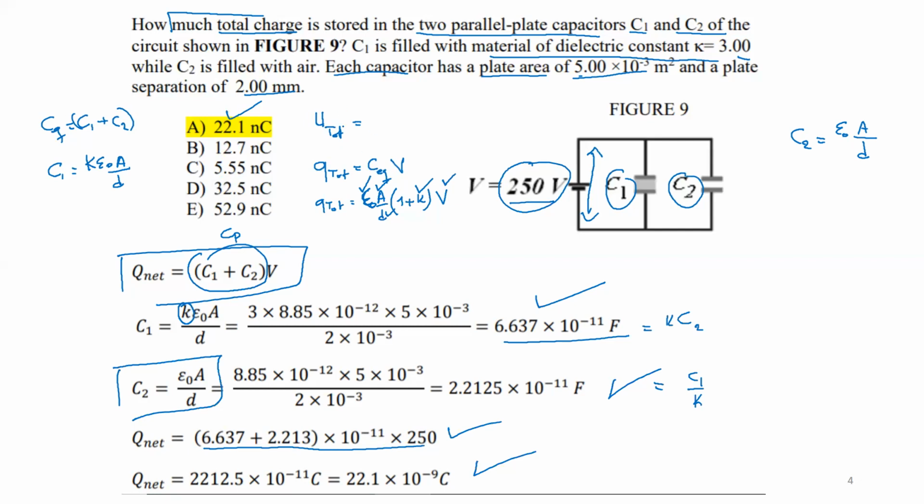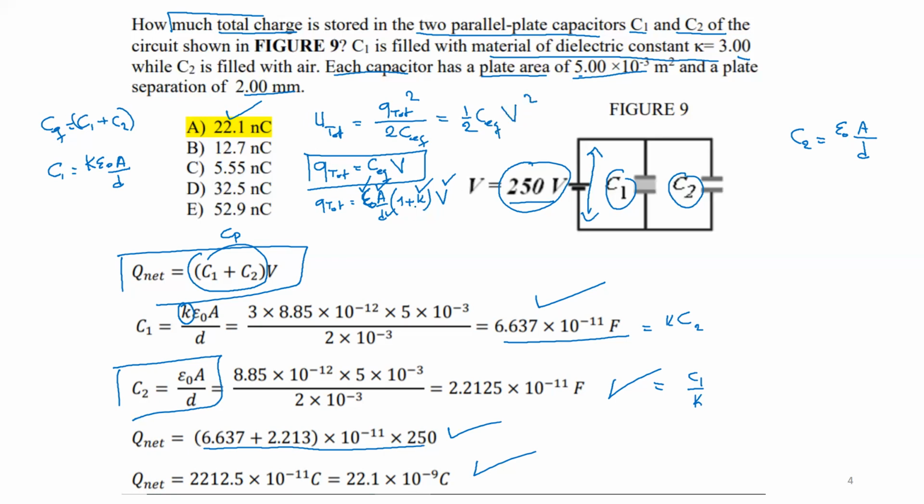Now, what about the total energy stored? What do you think? So we got the total charge. I can get the total energy stored. So total energy will be what? It will be Q total square divided by 2 times C equivalent. Or I can say that this is equal to half C equivalent V square.